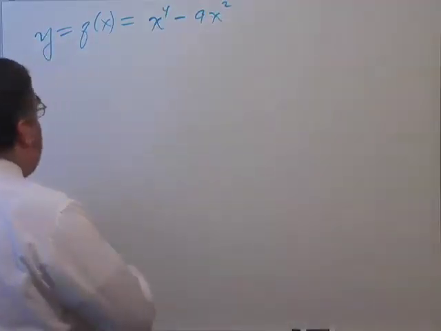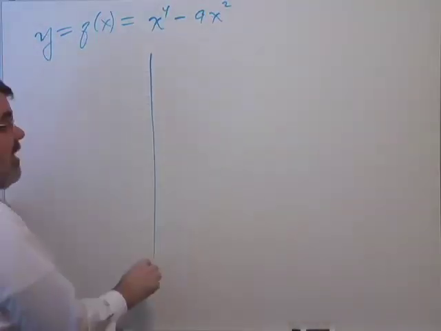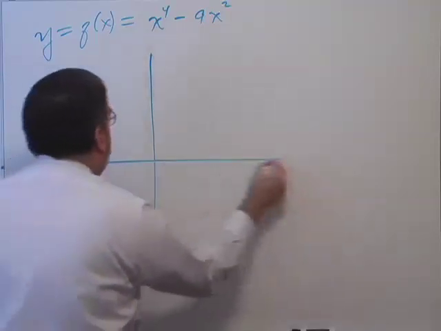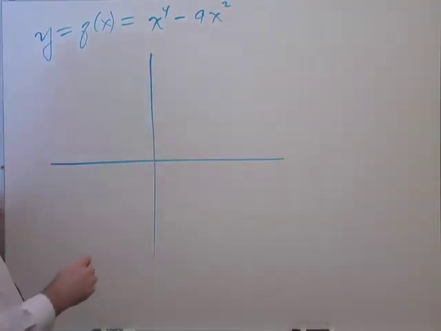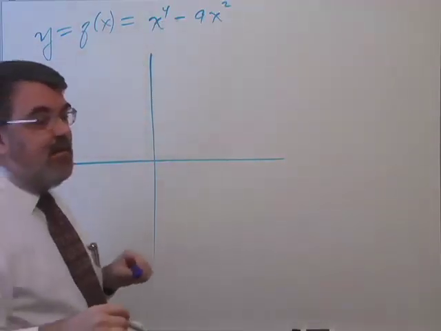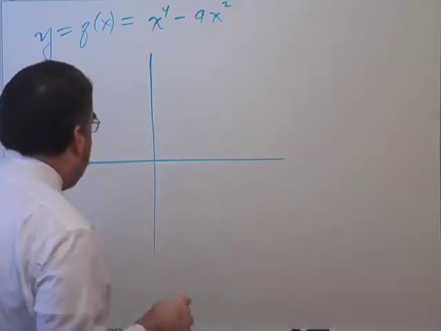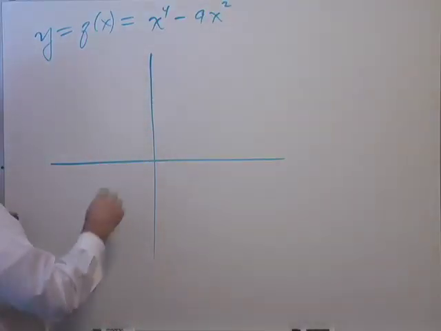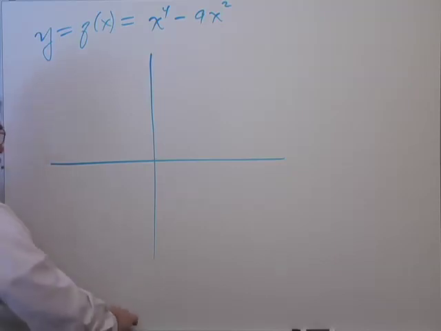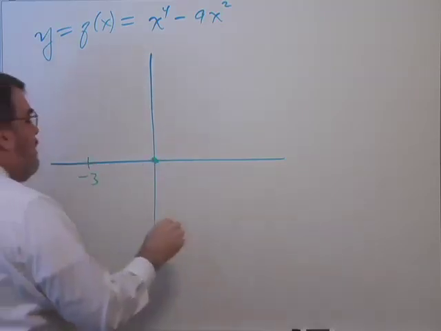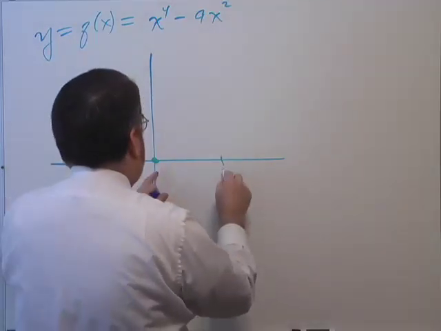Well, the graph is going to look like this. You would just have to take my word for it, I'm afraid. But we will analyze these types of polynomial graphs in a later chapter. Anyway, this one has three intercept points at 0, at -3, and at +3.